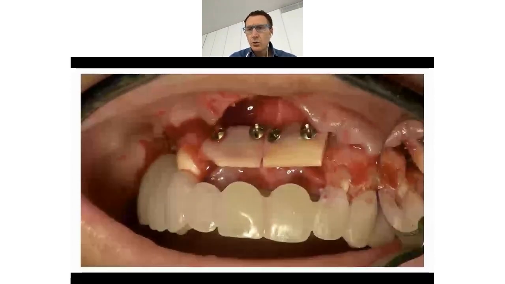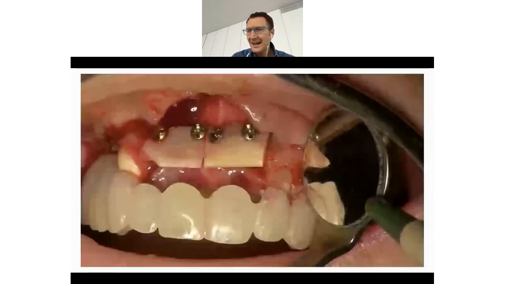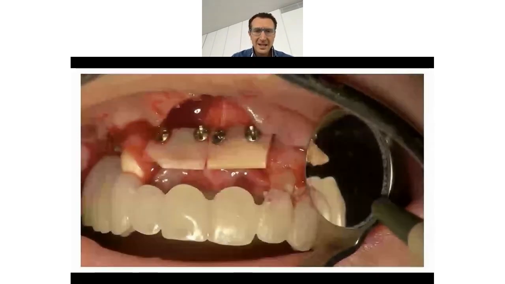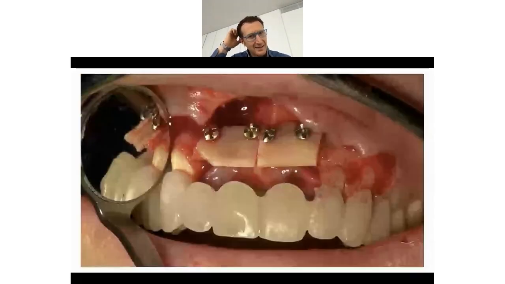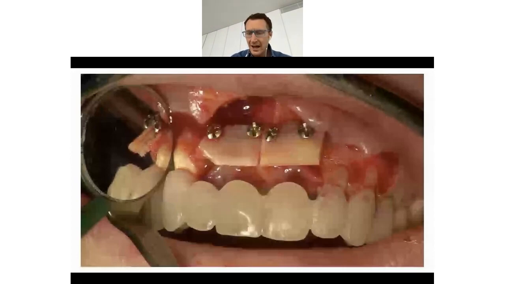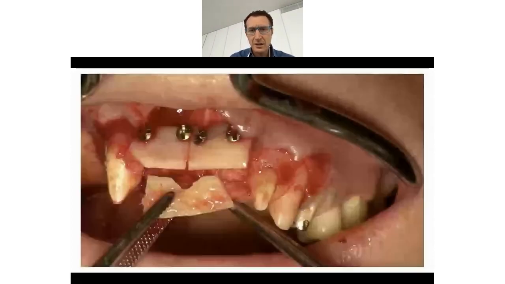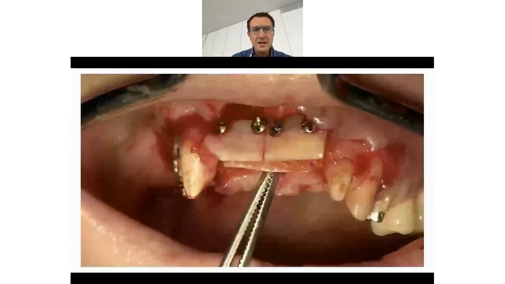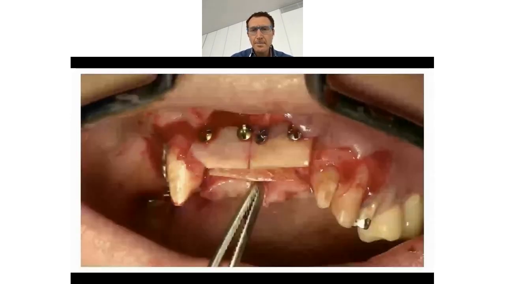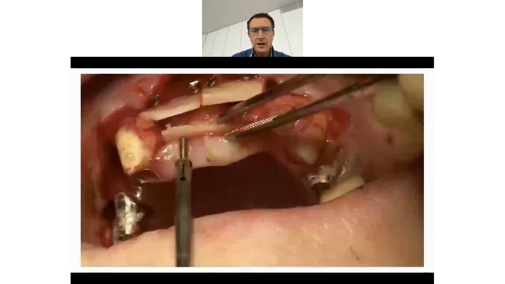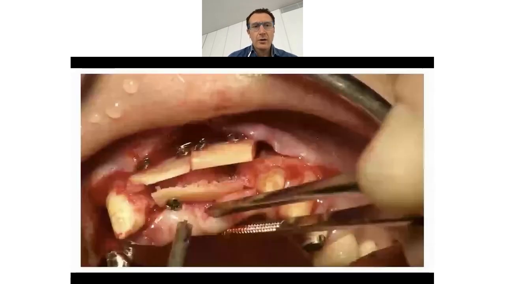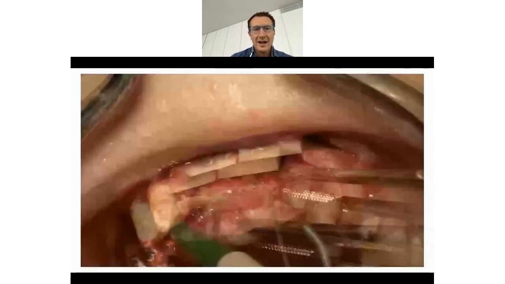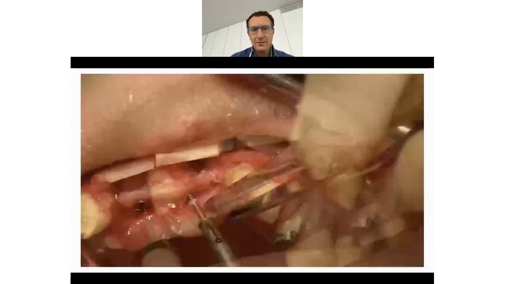I'm applying Khoury's approach, building up the buccal wall, then later the palatal wall with the second lamina, and then placing the particulated material in between. But everything fits perfectly because we planned the dimension of the block, and we are very confident in performing the procedure, because we have all the autogenous material available.